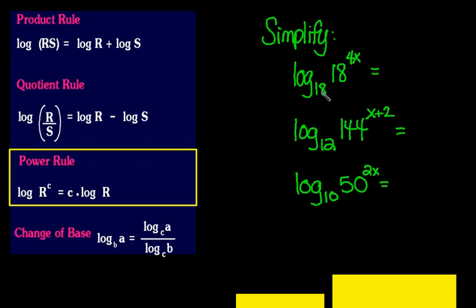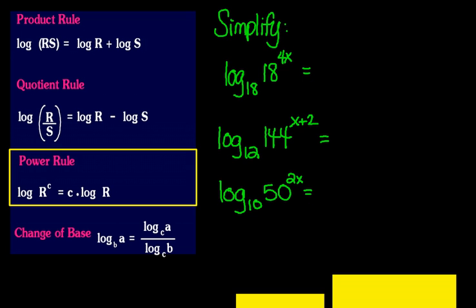I have log base 18 of 18 to the 4x. So what would you do if you were doing this problem? I would take this 4x and move it down to the front. So I would get 4x times log base 18 of 18. See if you can complete that problem. It should turn out to be something more simplified.